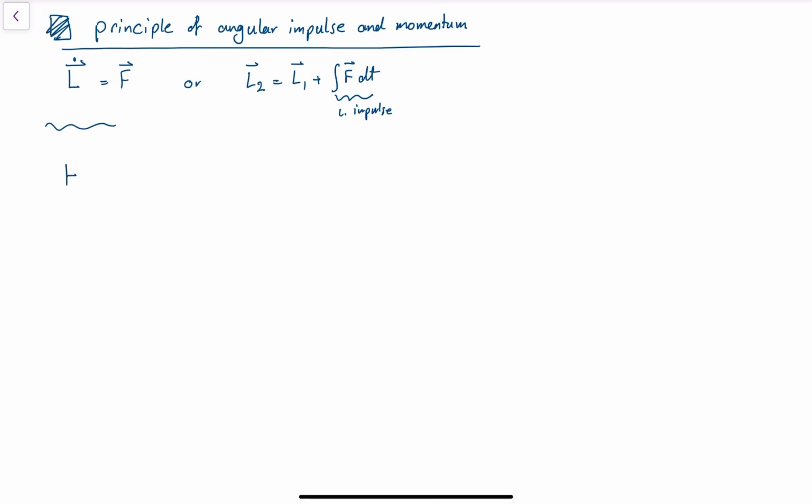we can write h dot about O, the rate of change of angular momentum, equals the moment about that point O, or equivalently in its integral form, h2 is h1, both of these about O, equals the integral of M dt, and this is what we call, I don't think we have defined it, angular impulse.